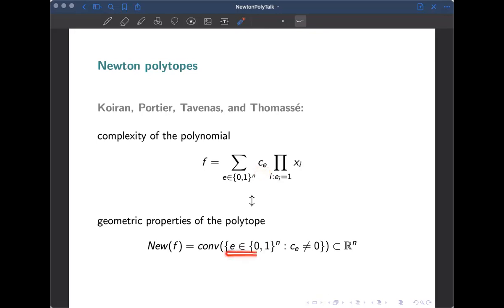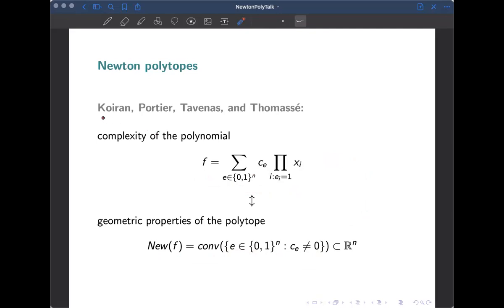This is some finite subset of Euclidean space. And then we just take the convex hull of this set. This is a polytope, and this is called the Newton polytope of the polynomial F. So from a polynomial, we get some polytope, which is a geometric structure in Euclidean space.